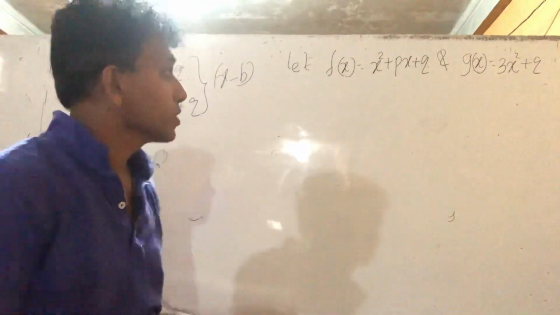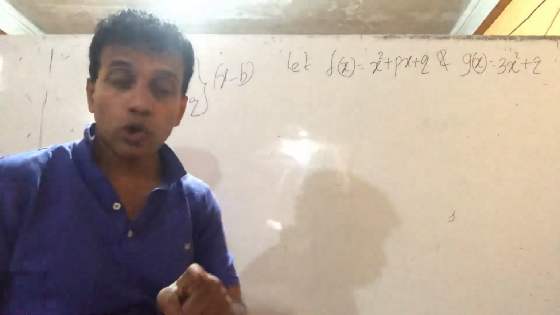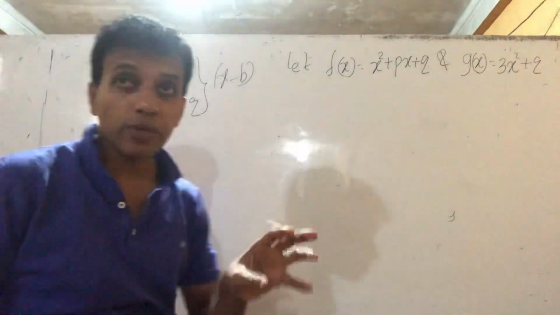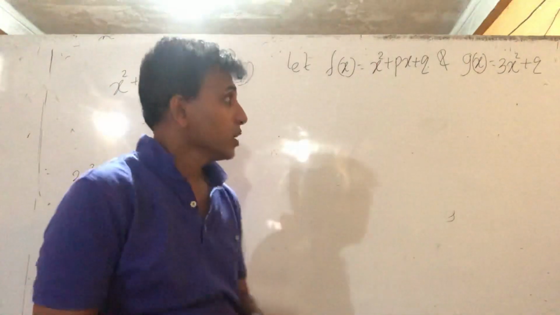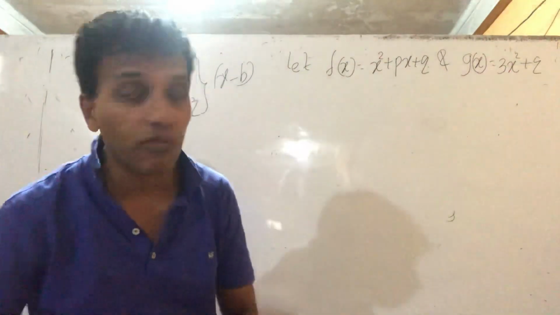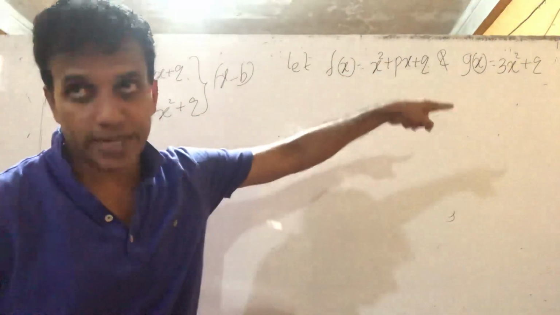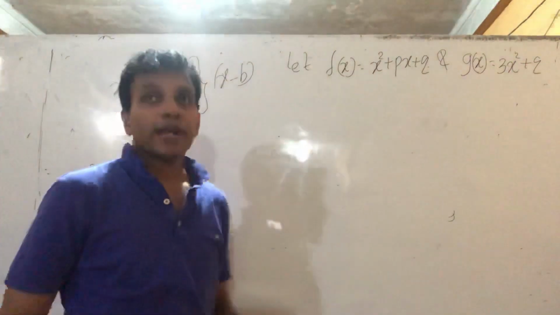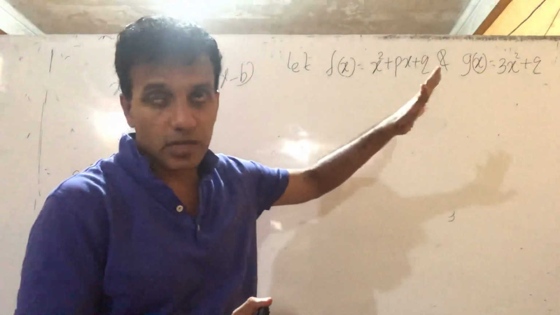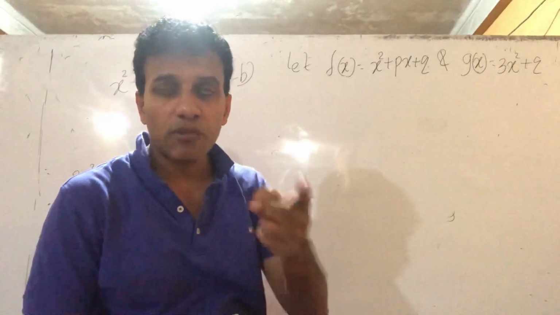We say let. Then they say, given that x minus b is a factor of f(x) and g(x). So what do we mean by the factor theorem?